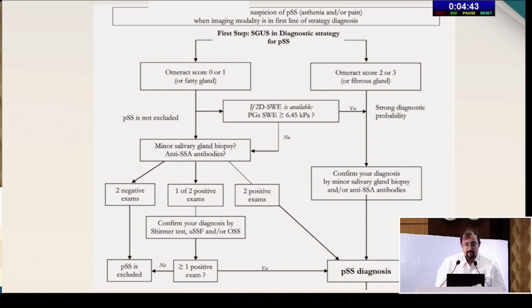If the ultrasound is negative, they suggest you could add elastography of the salivary glands, and if the elastography score is quite high, this again has a strong diagnostic probability. If the ultrasound is negative and you still suspect primary Sjogren's, you could do the minor salivary gland biopsy and the autoantibodies, and if both or one of them is positive, you can further suspect it on the basis of the criteria.